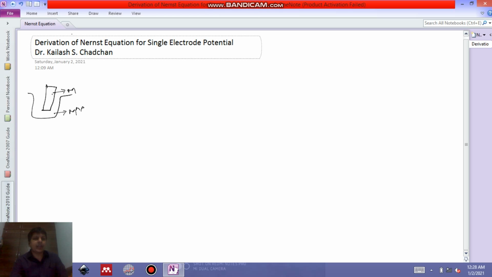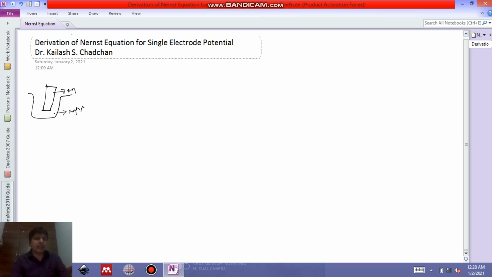This electrode will have its own electrode potential value, surrounded by its own ions. So the Nernst equation gives the relation between the electrode potential value of this electrode and the metal ion concentration surrounding that electrode surface. Now let us derive the Nernst equation for a single electrode potential.